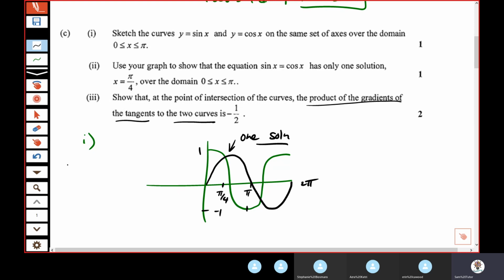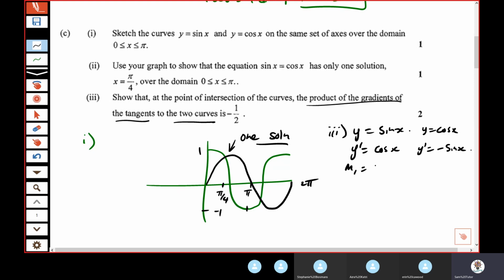So if I've got y equals sine x, well now it's easy once you realize that: y dash equals cos x. And y equals cos x, y dash equals negative sine x. Now you sub it in.